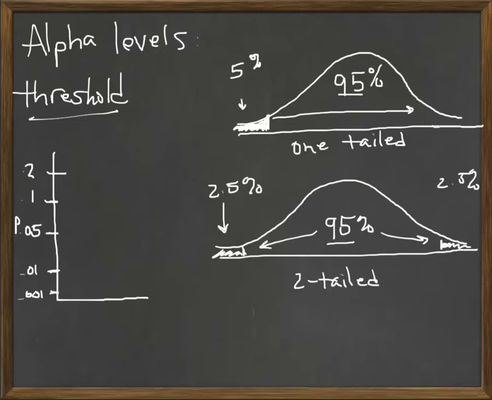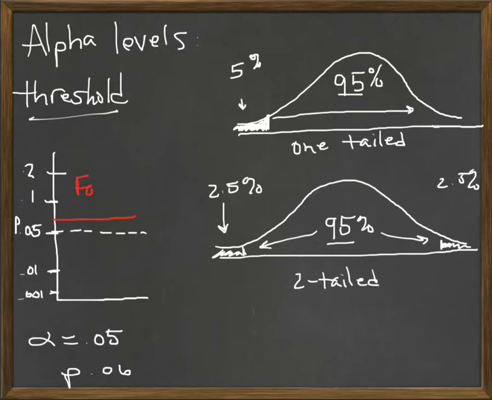Let's just assume that we have an alpha of 0.05, and I've drawn that line. If the p-value was 0.06, it would be here, so I would fail to reject.